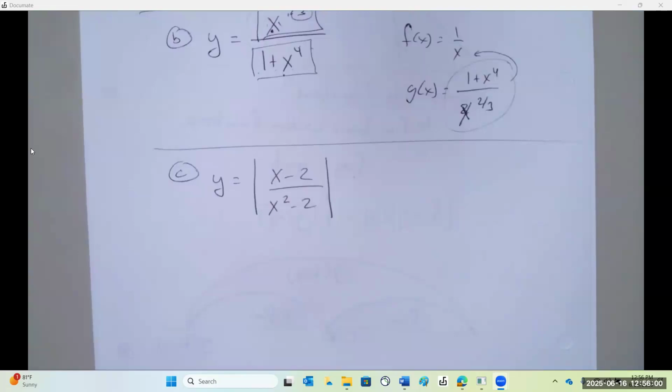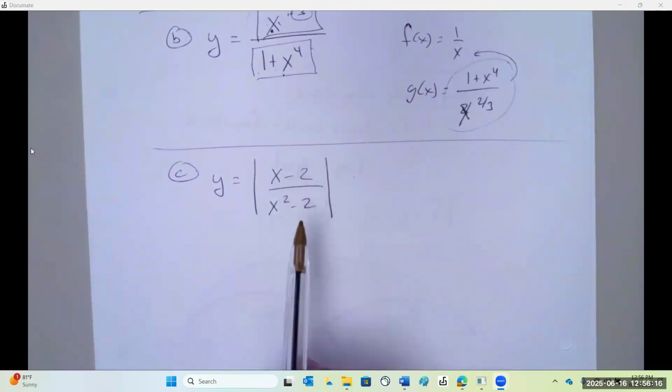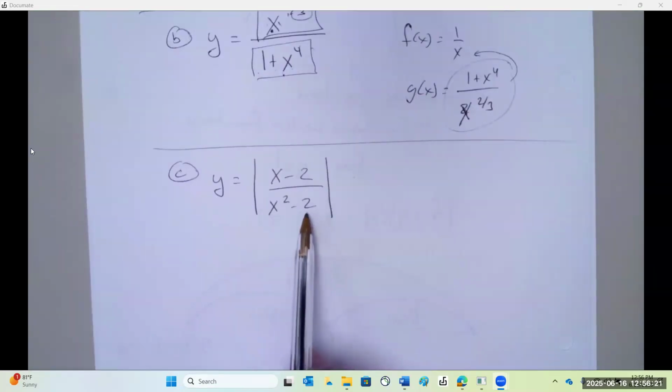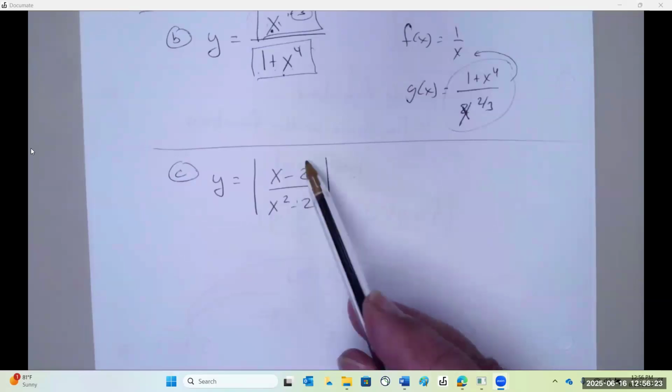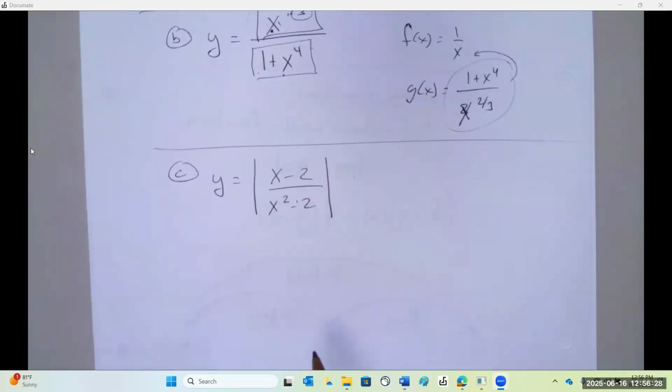Is this one continuous on all real numbers? How about the top? It is continuous on all real numbers. Yes. Is the bottom one continuous on all real numbers? Yes. But now we have a rational function. Is the entire rational function continuous on all real numbers? In other words, what's the only thing we don't want? 0 on the bottom.